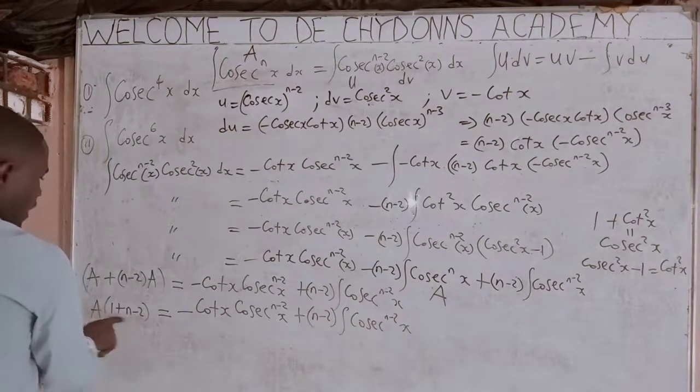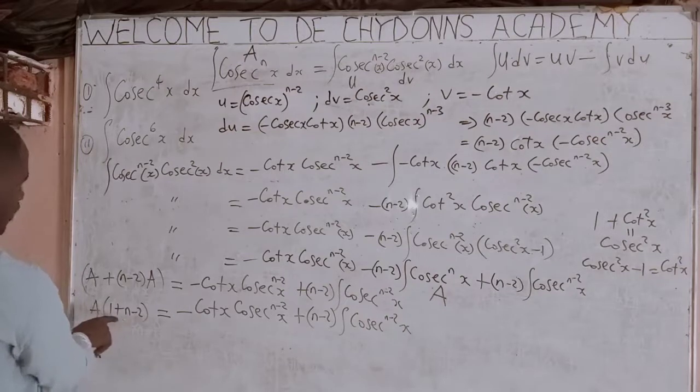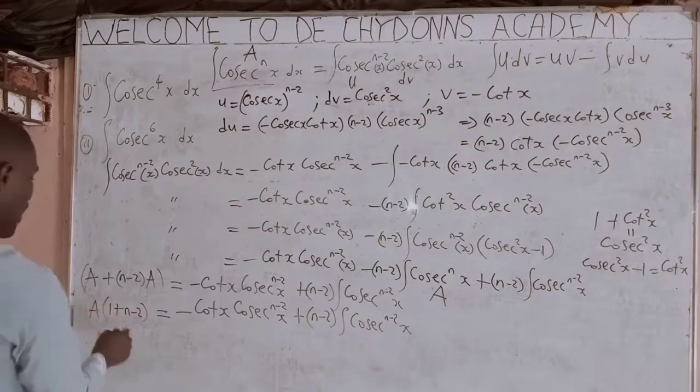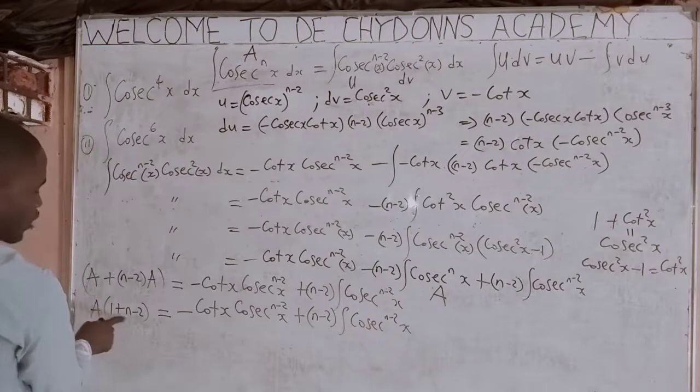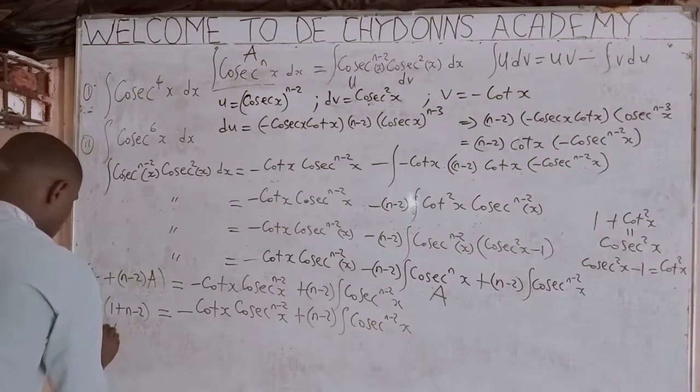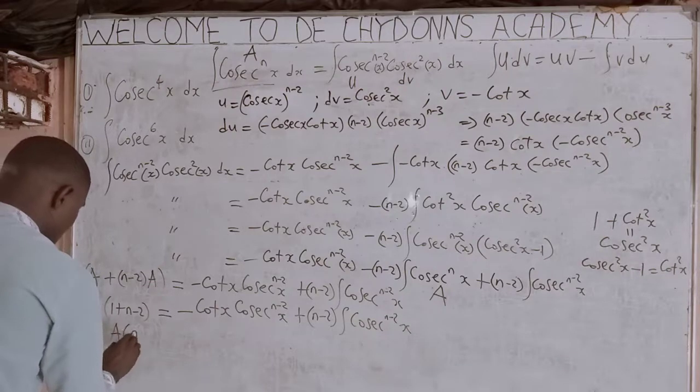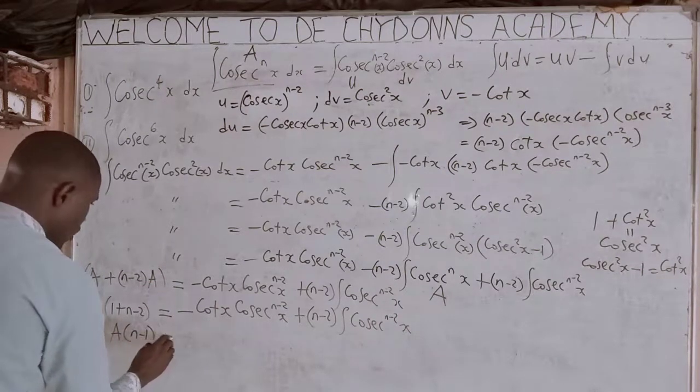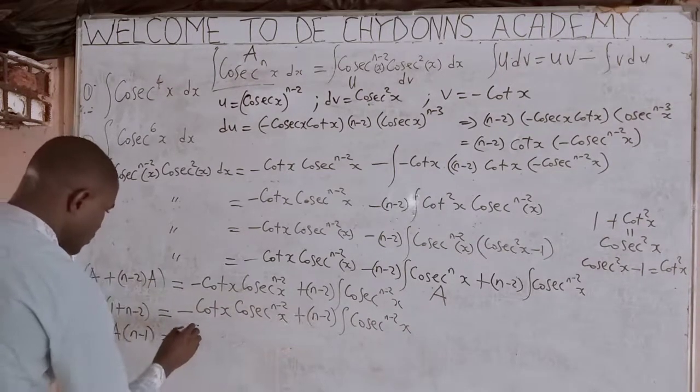So if you subtract, you'll be having n minus 1. So use the n minus 1 you get here to divide everything. You have your A bracket n minus 1 equals to everything here.